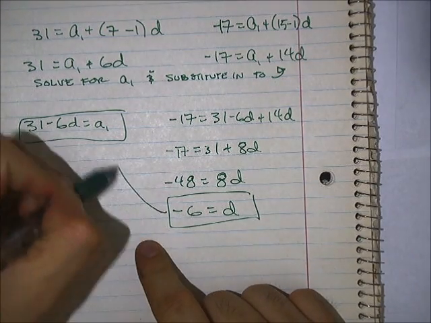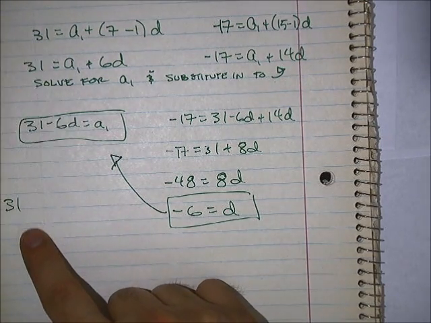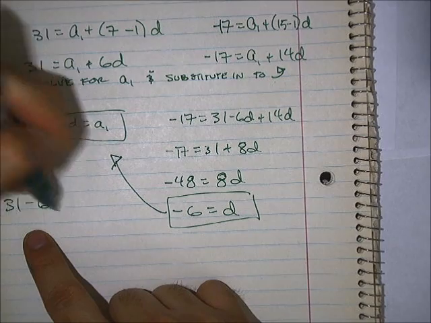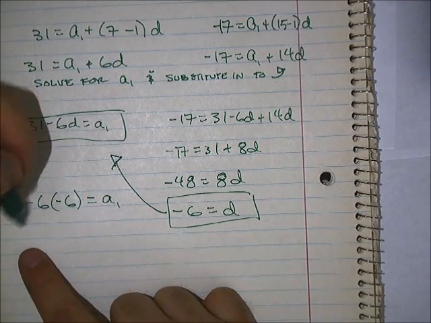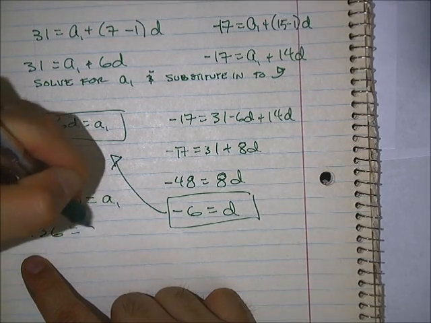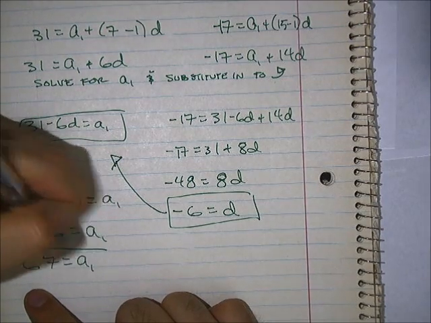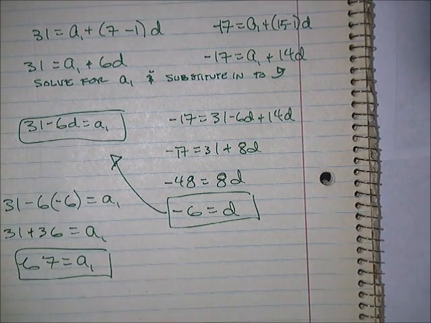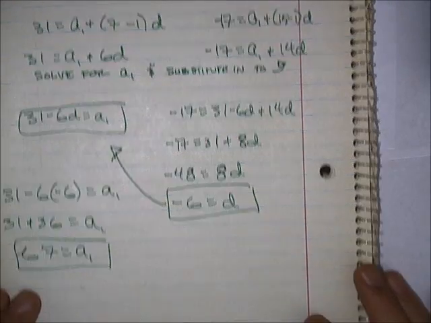So I'm going to come right back up here and say, 31 minus 6 times negative 6 is equal to a sub 1. That's 31 plus 36 equals a sub 1. 67 equals a sub 1. So now I know d, I know a sub 1, I can fill in my nth term equation.